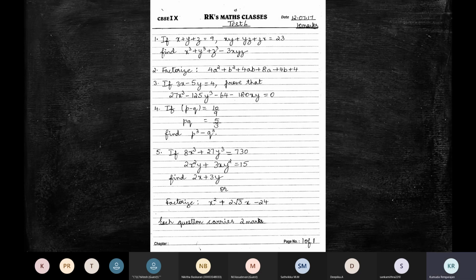The answer for the second one, Sangamitra. 2a plus b plus 2, the whole square. Very good. Expand, Sangamitra, expand a cube plus b cube plus c cube minus 3abc.